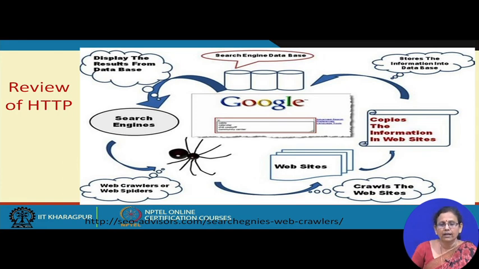In fact, if you look at a search engine like Google, it will actually be employing a huge number of web crawlers to download the data, to collect the web pages, and prefetch the web pages from the web server.